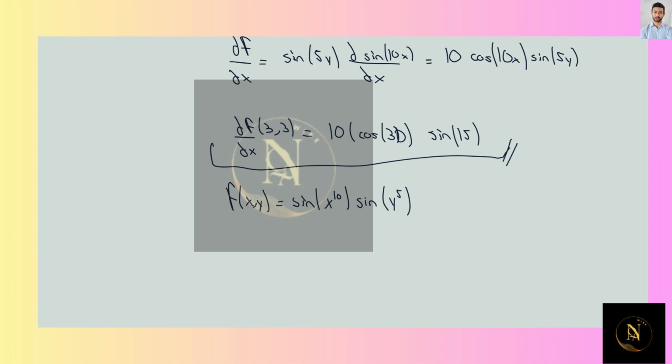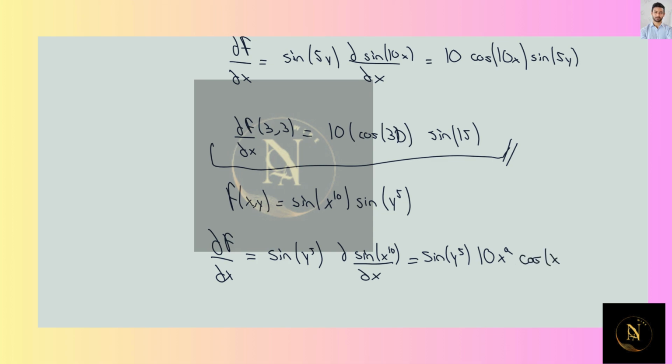Which in this case, when we take the partial derivative of f with respect to x, would be equal to sine of y to the 5 times the derivative of the sine of x to the 10 with respect to x, which in this case would be equal to sine of y to the 5 times 10 x to the 9 cosine of x to the 10.